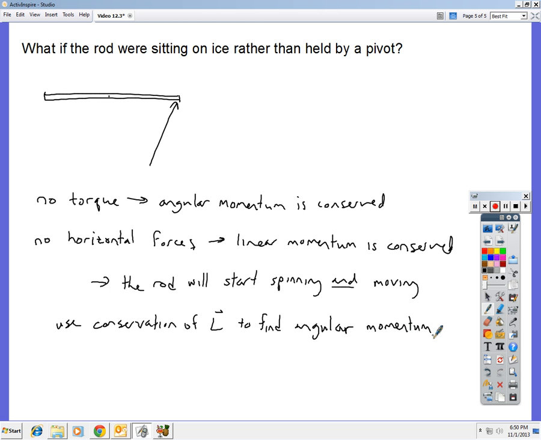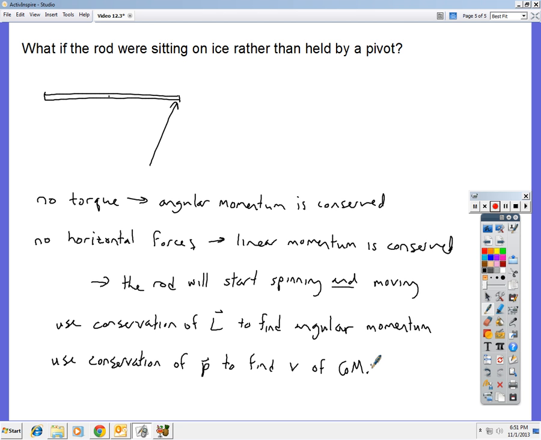And you would also use conservation of linear momentum to find the final velocity of the center of mass. So conservation of linear momentum tells you the velocity of the center of mass. Conservation of angular momentum tells you the angular speed about the center of mass. So again, it's translation plus rotation.